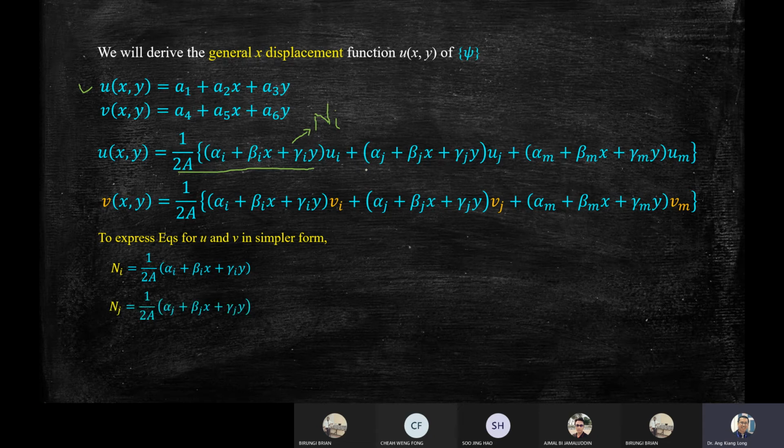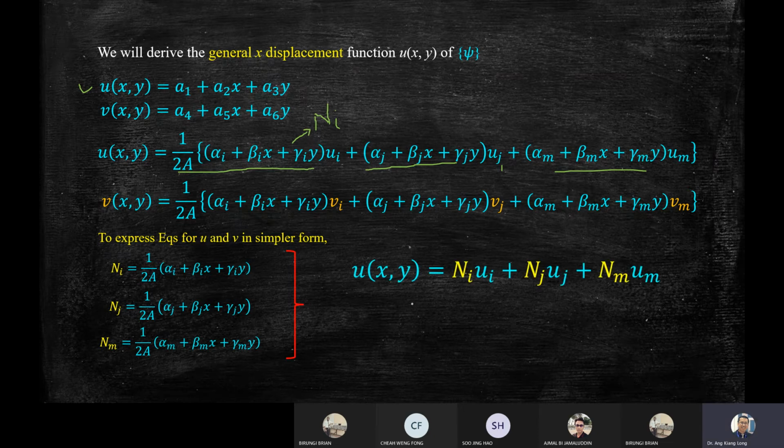You do the same for the second one, Nj, because it's in the J dimension. So we use capital Nj to represent the second constant here. The third one is pointing to the M location, so we use Nm to represent the third constant. Then it will give you the equation in a simpler form, in the capital N form.